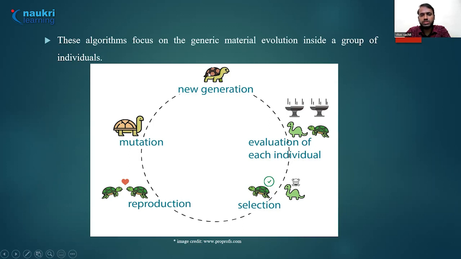Generally, these new generations are much better and versatile than their parents. So here we have taken some initial sample of two tortoises, out of which we selected the fittest one. Then we do the reproduction, thereafter mutation, and after the mutation, whatever it becomes is a new generation. Generally, this new generation is fitter than the previous one.